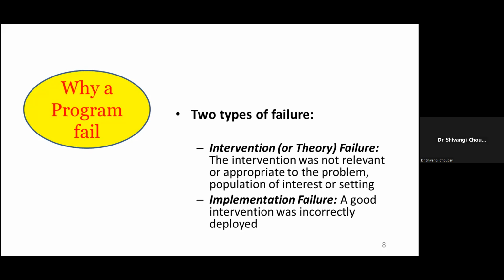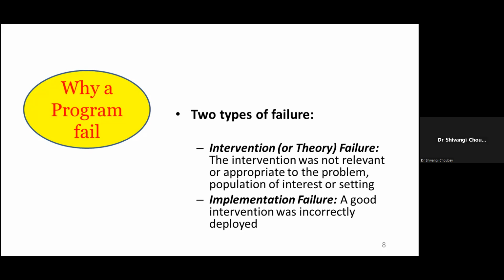So there can be two types of failures. First is intervention failure, like the intervention was not relevant or appropriate to the problem, population of interest or setting. So the intervention was not evidence-based or was not appropriate. Another one is implementation failure, which is the interest of implementation research.